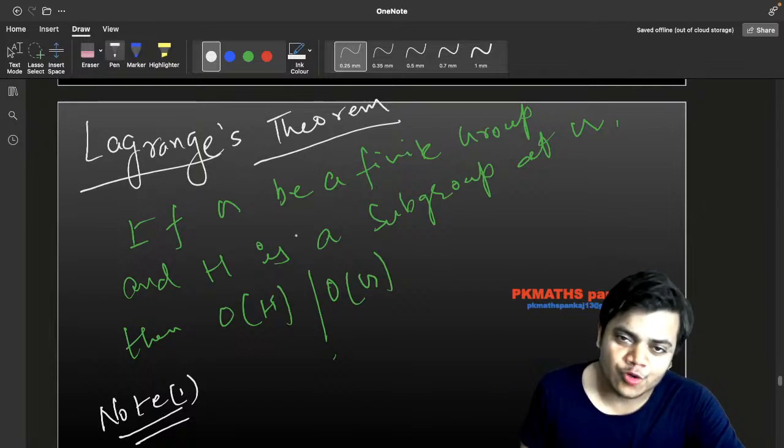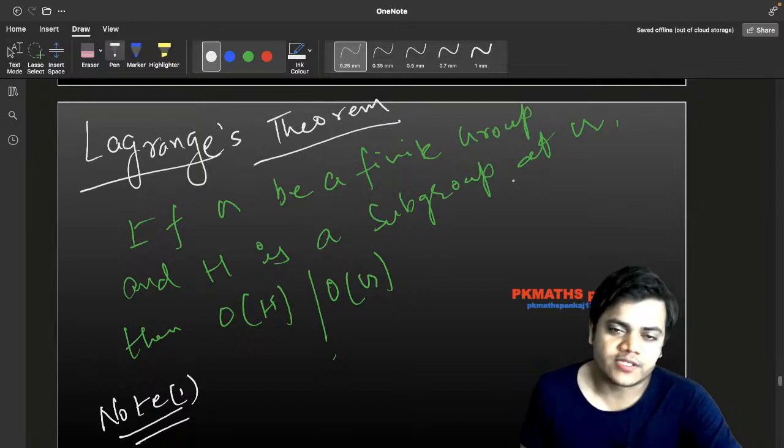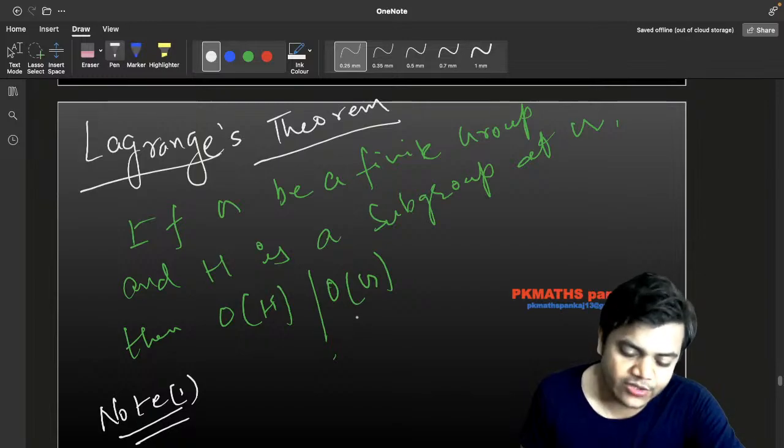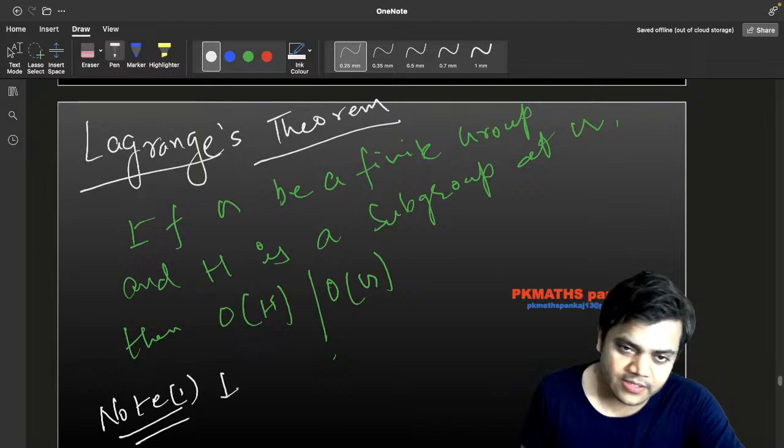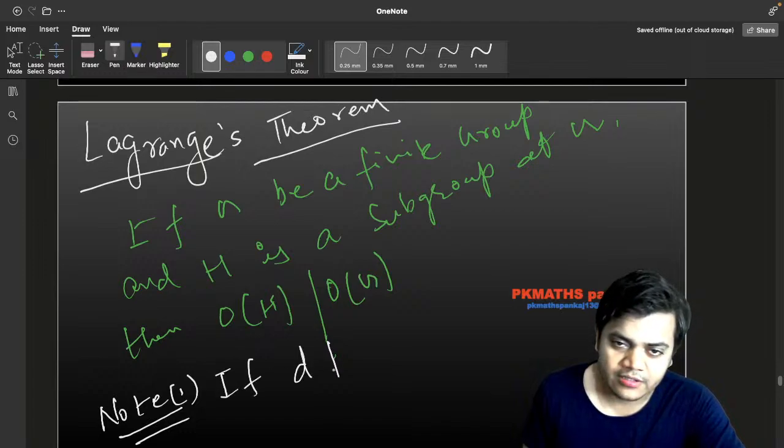Z is a finite group and H is a subgroup of Z. Then certainly the order of H will divide the order of Z. And what happens if D does not divide the order of Z?